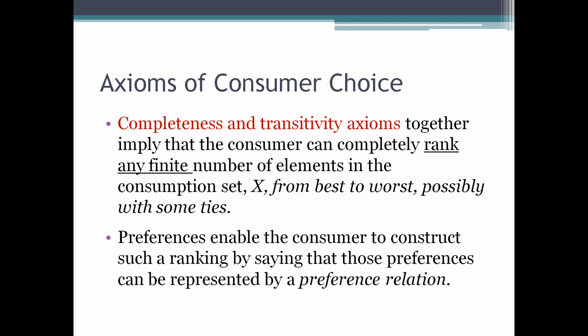And this ranking is consistent. The capability of ranking the alternative bundles comes from completeness, and for this ranking to be consistent comes from the transitivity axiom. So preferences enable the consumer to construct such a ranking by saying that those preferences can be represented by a preference relation.